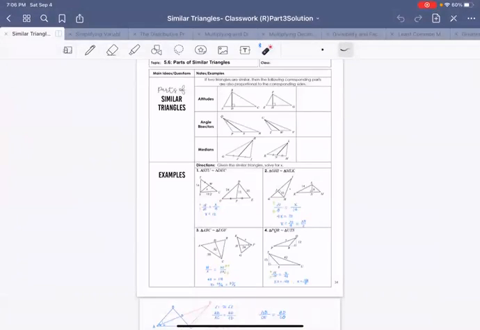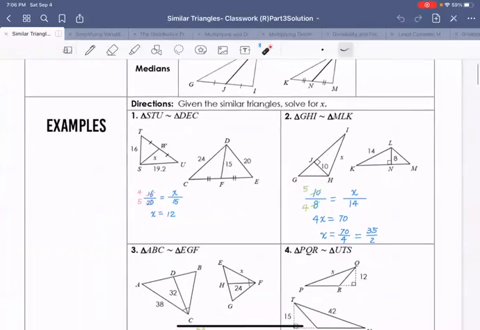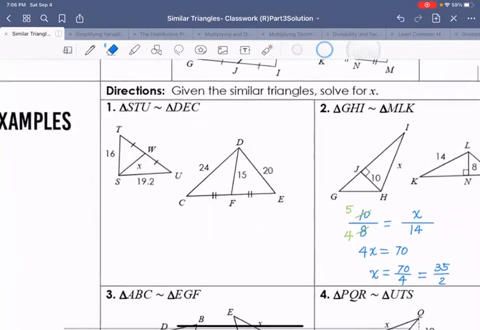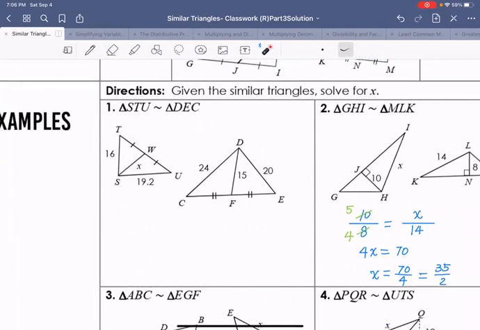We come back to here. Now we're just going to apply the theorem we learned just now. Look at here. Triangle STU is similar to DEC.